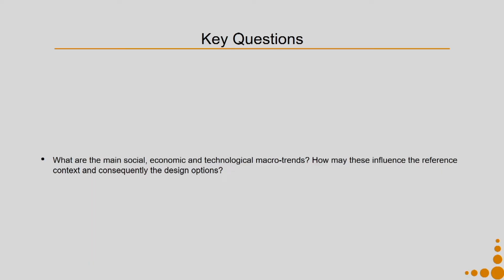So the key question here is, what are the main social, economic and technological macro trends? How may these influence the reference context and consequently the design options? We prepare a report covering all these aspects, which will inform our design directions eventually when we get into the design process.